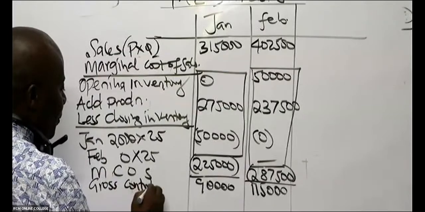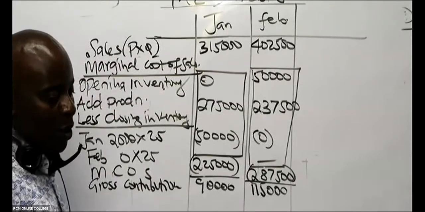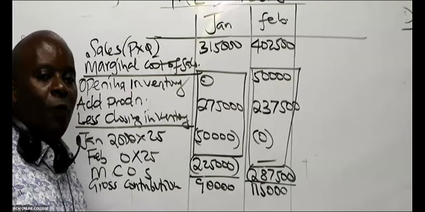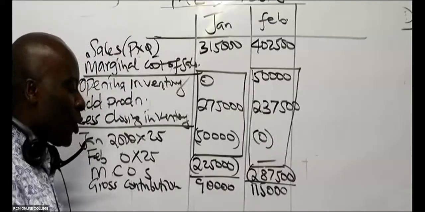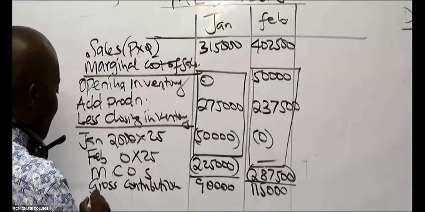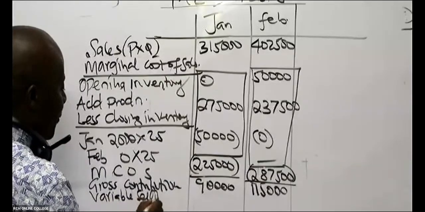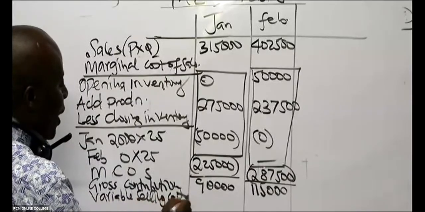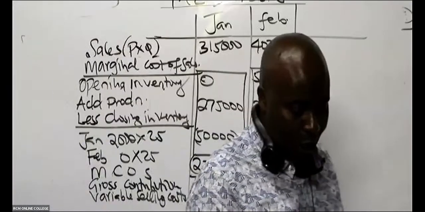Once you get this gross contribution, to get the net contribution, you look for the variable selling costs. Are you able to see the variable selling cost, my good students?